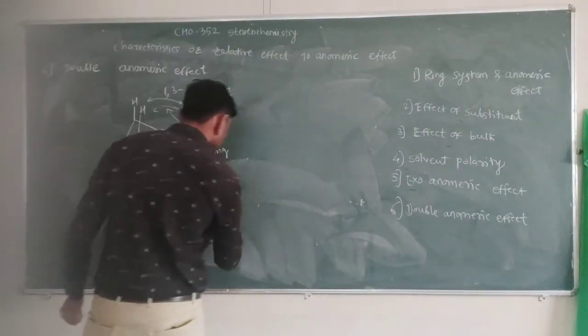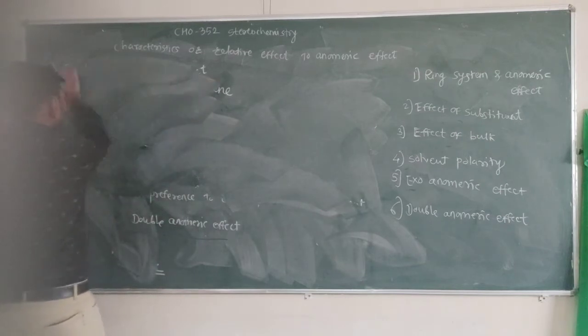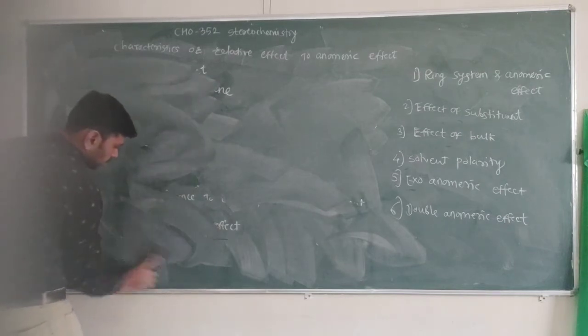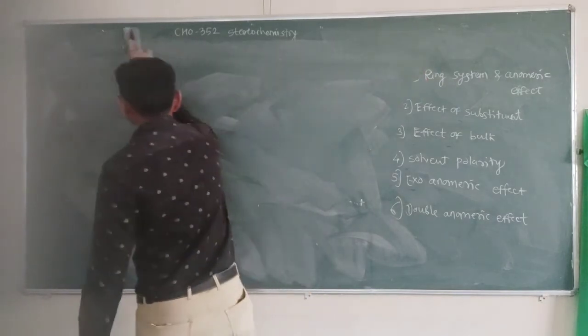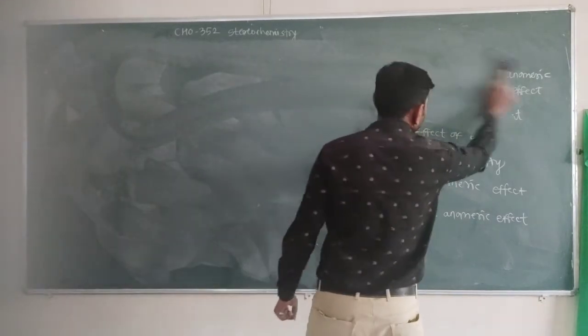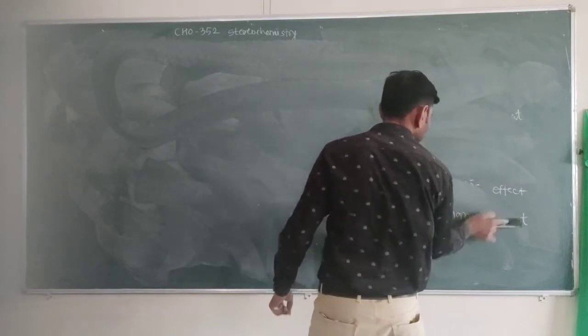Let's see the next point: 6-membered heterocycles with nitrogen or oxygen.